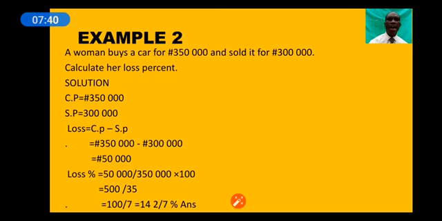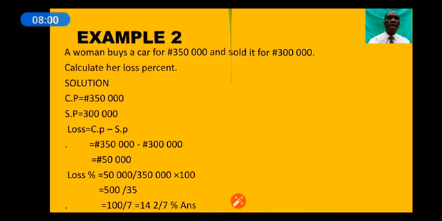So we have 100 over 7 to give us the answer as 14 whole number, 2 over 7%. So loss percent is equal to 14 and 2 over 7. So those are examples that we can take.